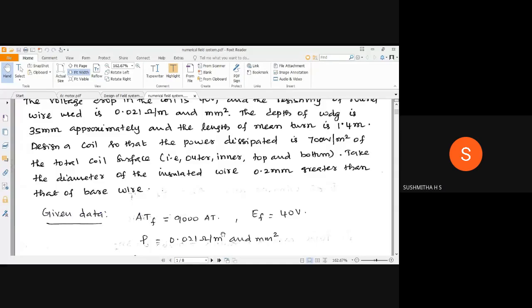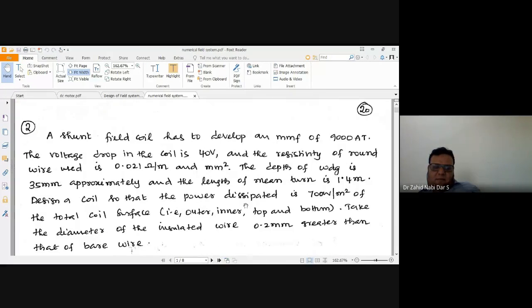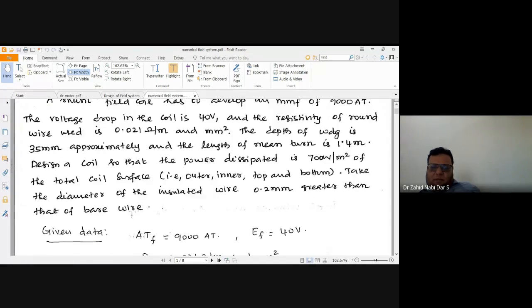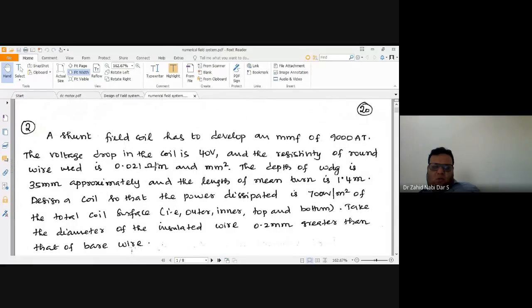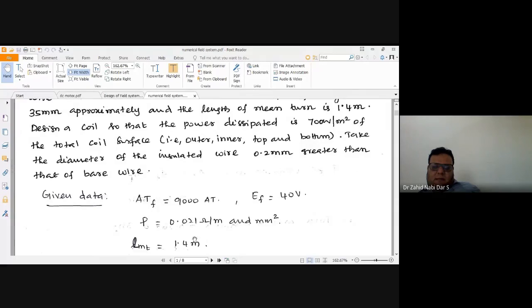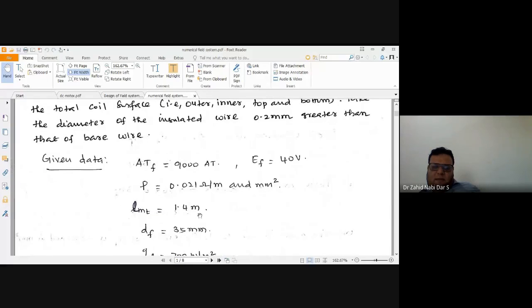So I'm writing the given data. The ampere turns is 9,000 ampere turns. The voltage drop in the coil is 40 volt. Your rho, the resistivity, is given as 0.021 ohm per meter. The length of the mean turn is given as 1.4.